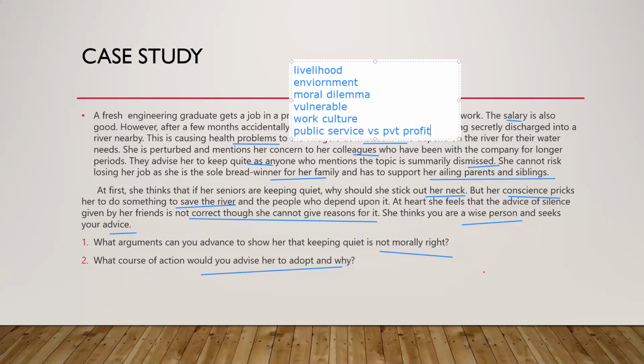So how are you going to start this case study? Can you please take 1 minute and write an introduction for this?